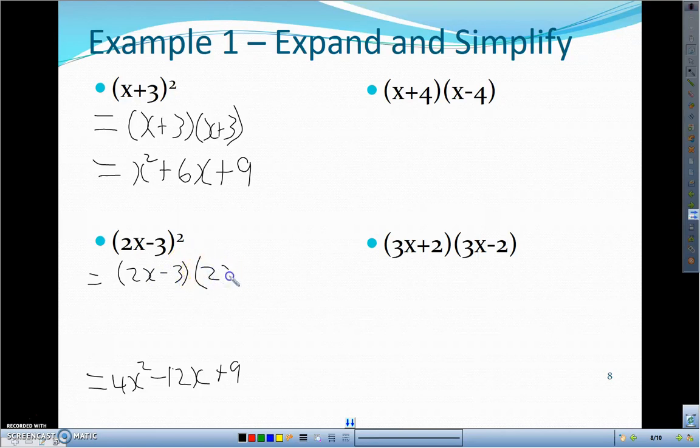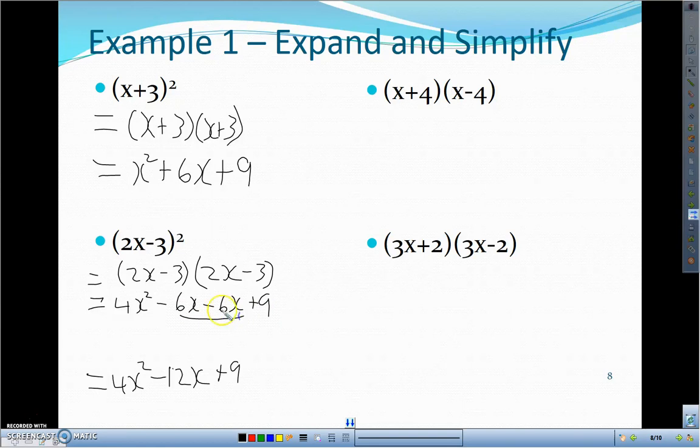So we'll just rewrite this in a little bit bigger form. 2x times 2x is equal to 4x squared. 2x times minus 3 is minus 6x. Minus 3 times 2x is minus 6x. Minus 3 times minus 3 is plus 9.